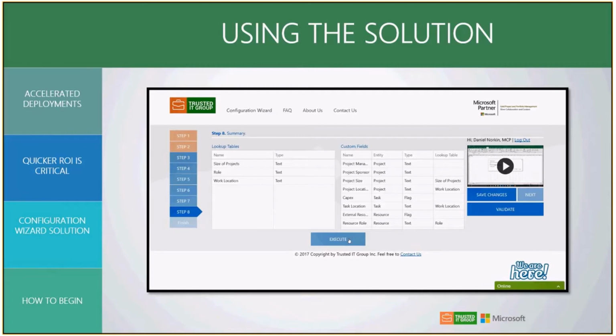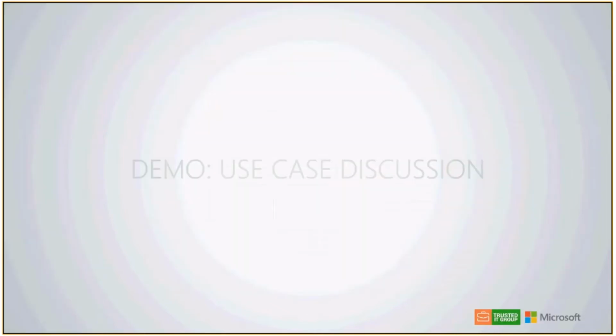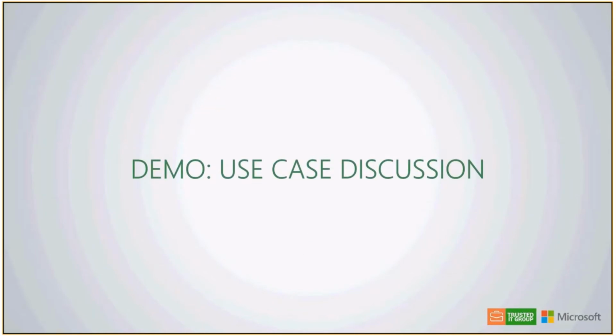So let's go ahead and start to talk about the demo that I'm going to be showing off. In order for us to understand our configurations, we need to have a use case discussion. It's very important to think about what the use case would be before you start configuring it.